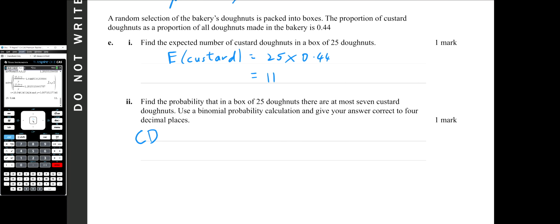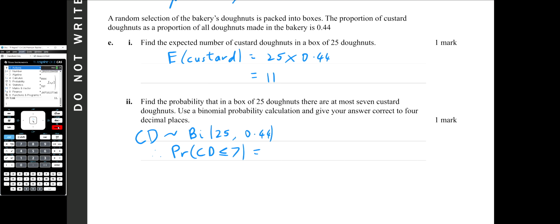Find the probability that in a box of 25, there are at most 7. So custard donuts is binomial with a sample size of 25 and a probability of success of 0.44. So therefore, we want the probability that there are at most 7 custard donuts. So that means CD is less than or equal to 7. This is a binom CDF.